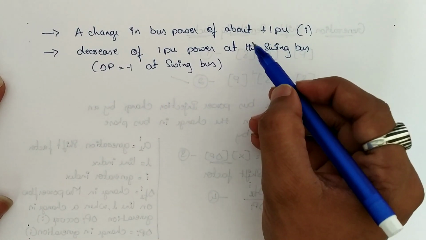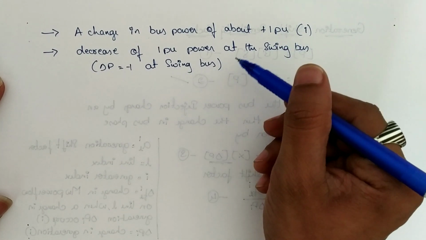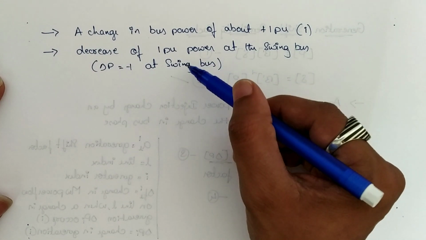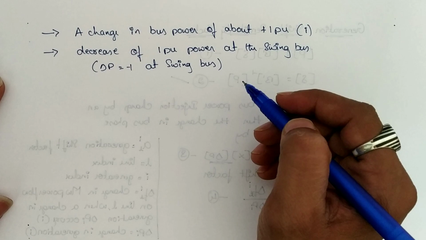For an increase of 1 per unit power at bus I, there will be a decrease of 1 per unit at the swing bus, which we are taking as delta P is equal to -1 at the swing bus.